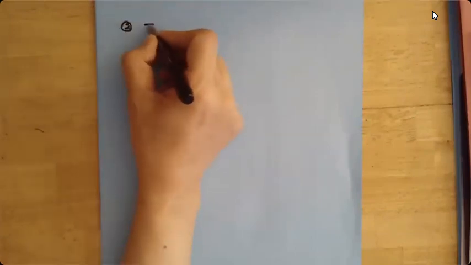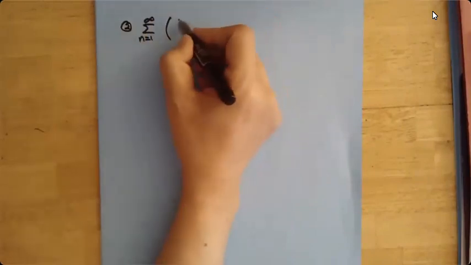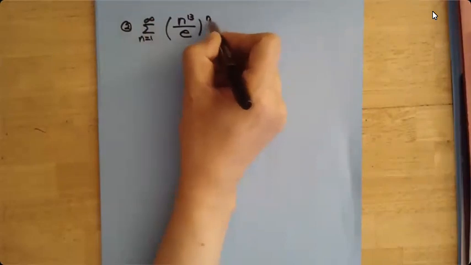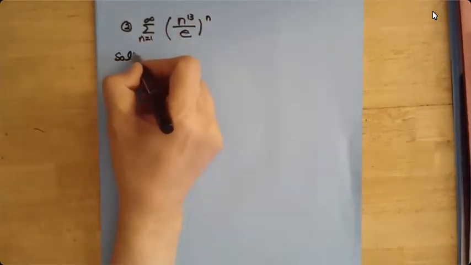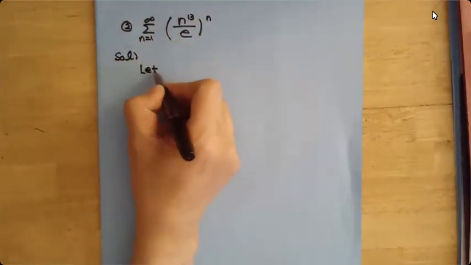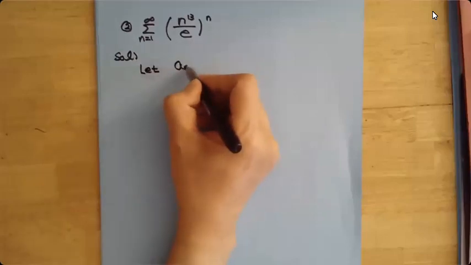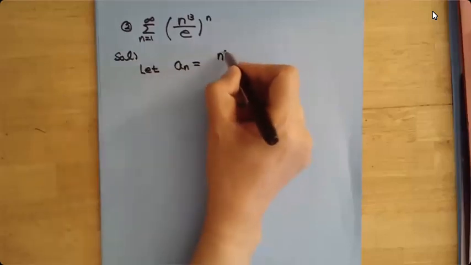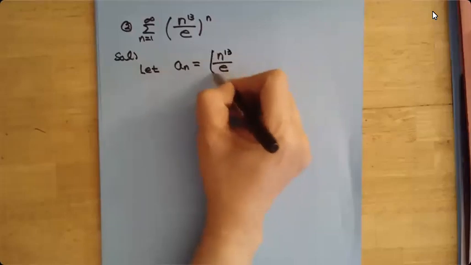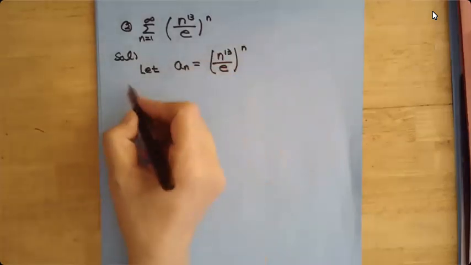The second problem is the summation n equals 1 to infinity of n^13 over e^n. The defining sequence is a_n equals n^13 over e^n.